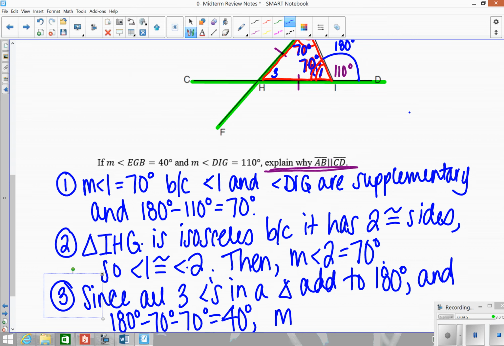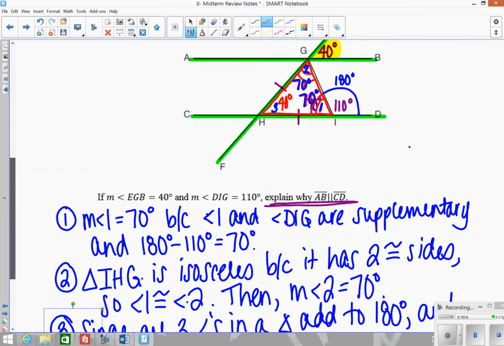That means that the measure of angle 3 is equal to 40. So we got 40. So now we got to look at how does that relate to that other 40-degree angle. So this is 40.